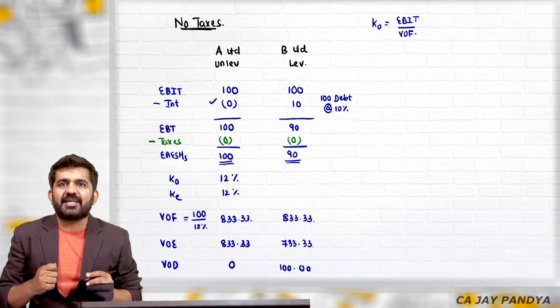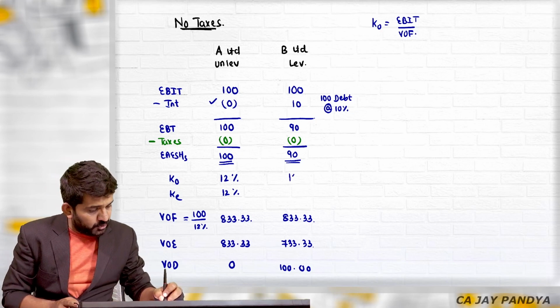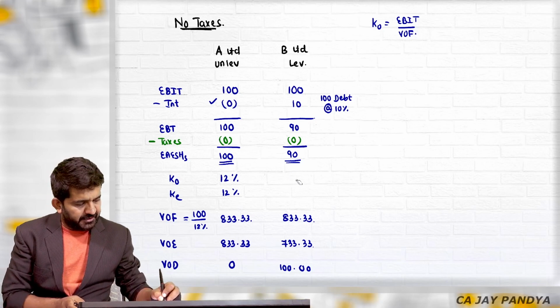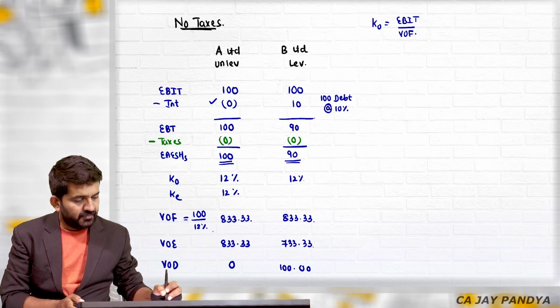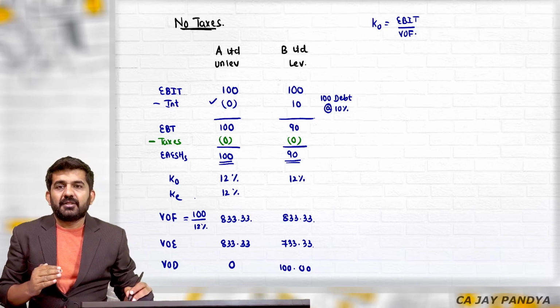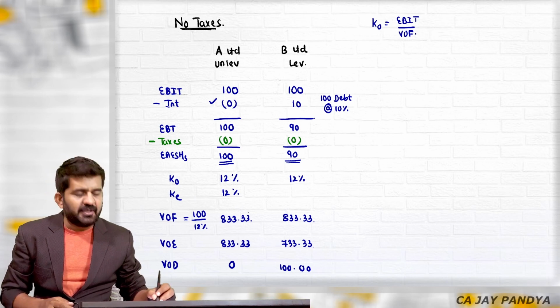Can I find out KE? The answer is yes. How to find out KE? Also KO will remain same, right? Which will be 12%. But KE should change. The cost of equity will change. What will become cost of equity?